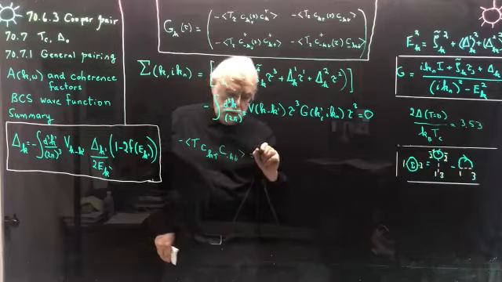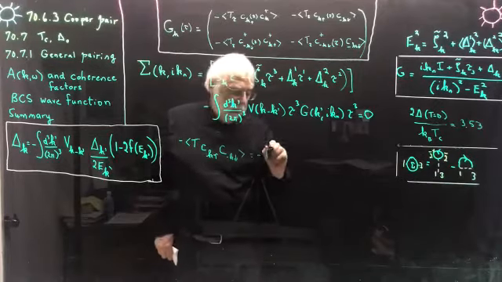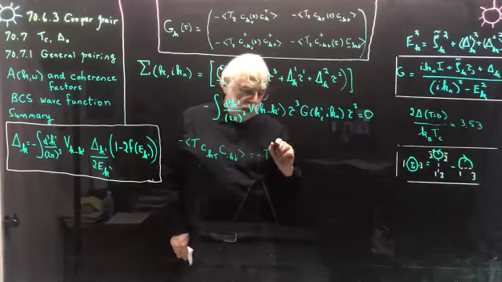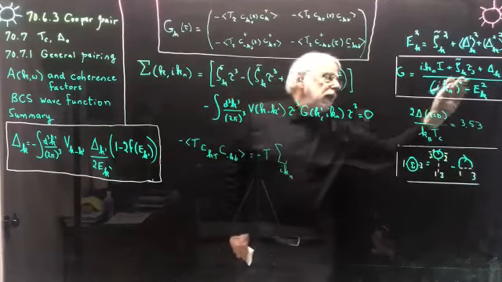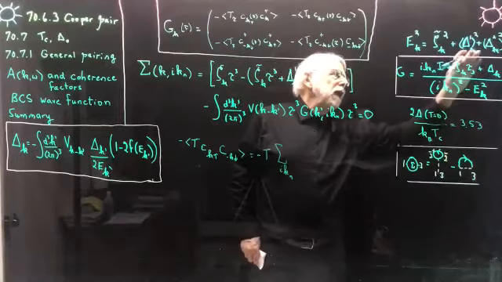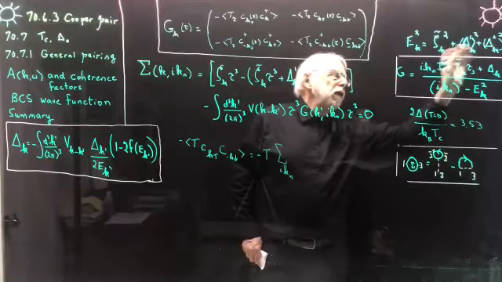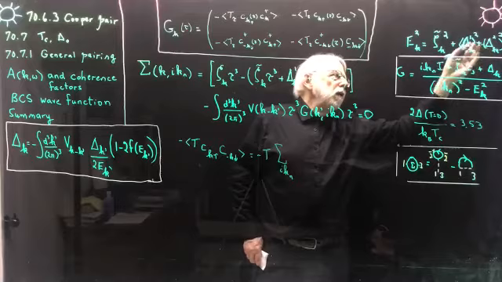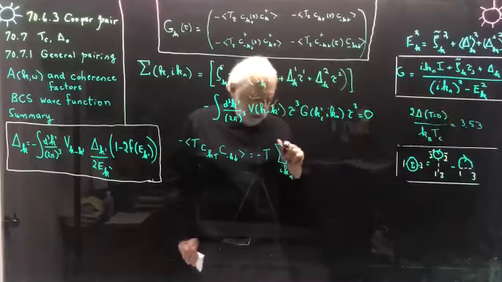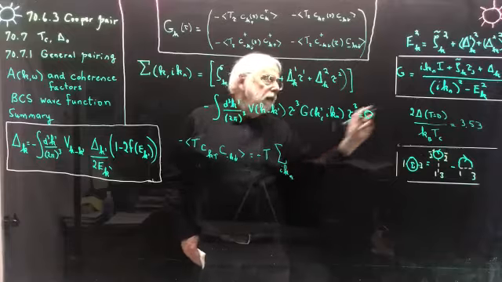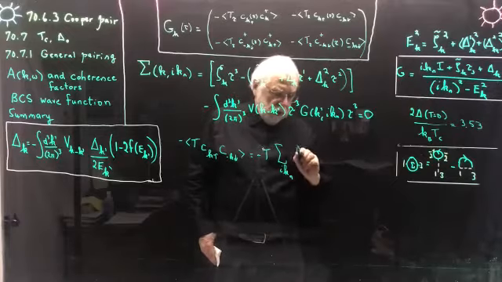Then it's equal to T times the sum over Matsubara frequency, i omega n, of this delta. There's only one delta. We said that the equation for delta 1 and delta 2 was identical. So we choose just a phase such that delta is this. So sum over i omega n of delta of k.